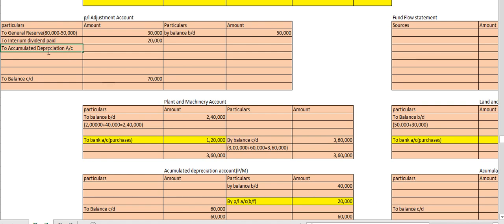First we have the plant and machinery. So the plant and machinery amount is 20,000. How do we get it? From your accumulated depreciation ledger account. So this is your current year depreciation, which we are calculating for your profit and loss adjustment account.